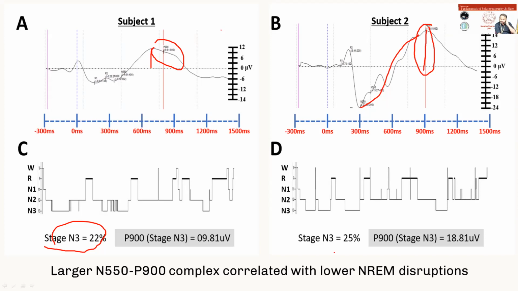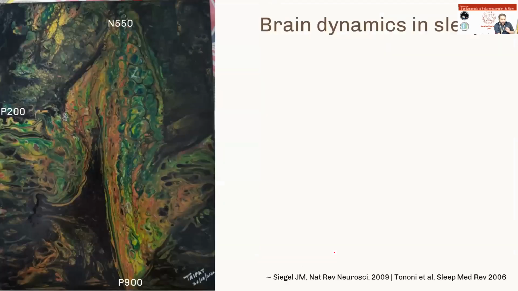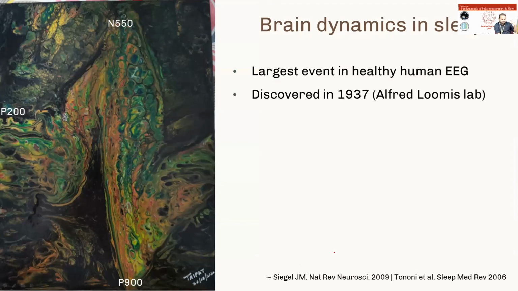Indeed, it's convincing, and this is one aspect of the study. There are many other interesting patterns we can study. From many animal studies and invasive studies, it is known that these ERPs, N550 and P900, are early indicators of K-complexes, vertex waves and slow waves. Imagine a pupa hatching and becoming a butterfly.